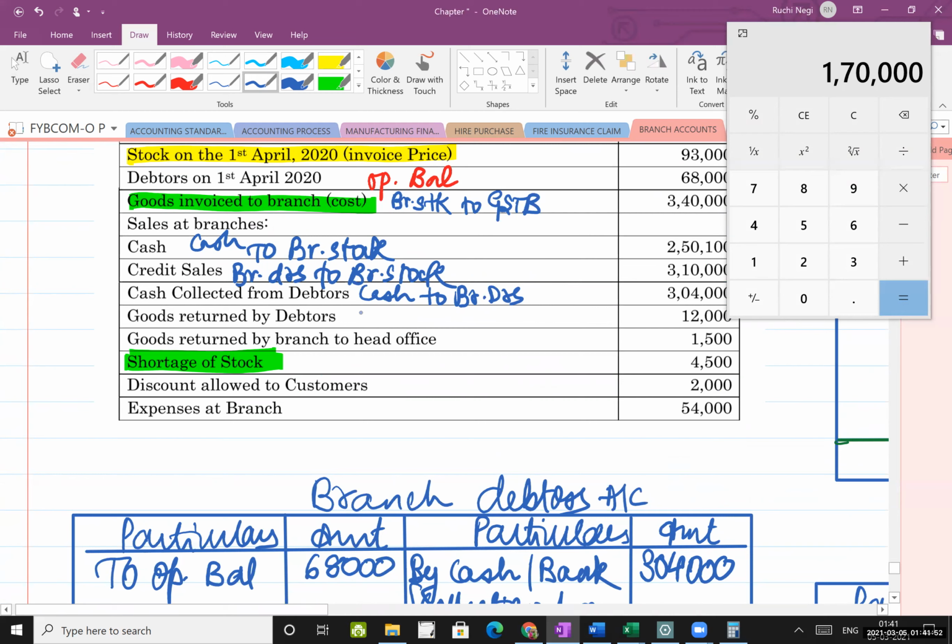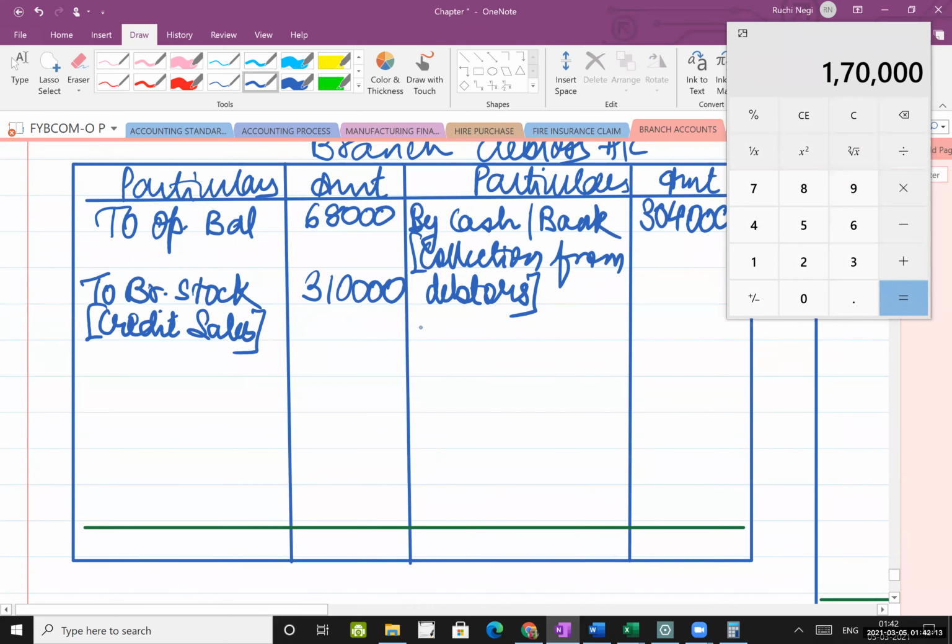Goods returned by debtors. This is sales return. Okay, so my journal entry will be, it's a sales return to me. So what should I write? Branch stock to branch debtors. Stock is coming back now. Branch stock to branch debtors. Right here, by branch stock account. This is what? Sales return. Mention all these things.